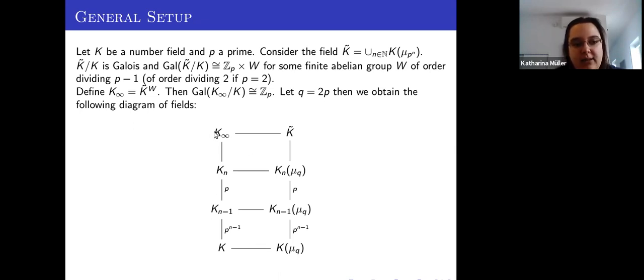I have my Z_p-extensions K infinity and K tilde. As the Galois group of K infinity over K is isomorphic to the p-adic integers, I have unique subfields of degree p^n over K. So K_{n-1} will have degree p^{n-1} over K, and each intermediate step from K_n to K_{n-1} will have degree p. All these horizontal lines here are Galois extensions with Galois group W.